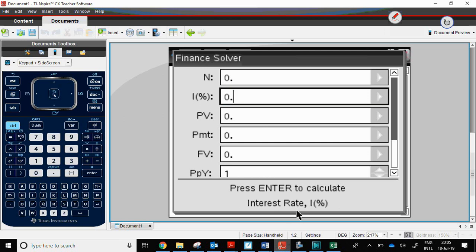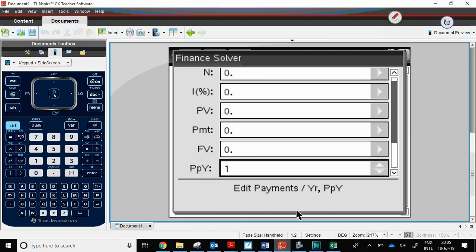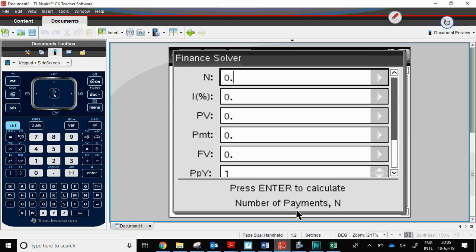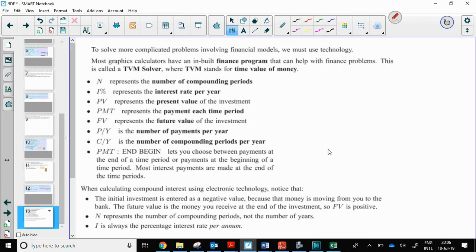So basically, you just go in here and then you enter in all the numbers in your given problem, and then you solve it. So this is the best way to do this. So please make sure that you know how to get into there, because if you did have a finance problem on paper 2, it would really be a shame if you tried to do it all by hand.